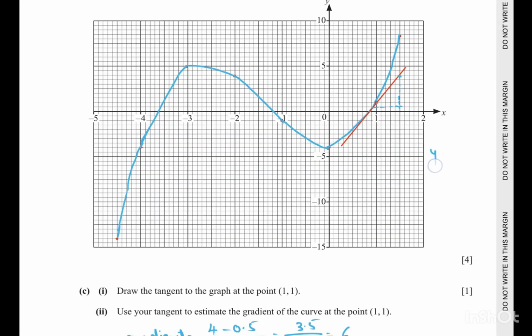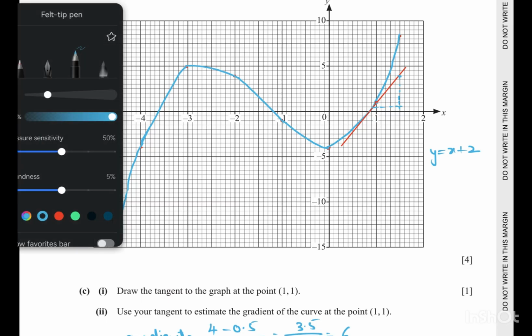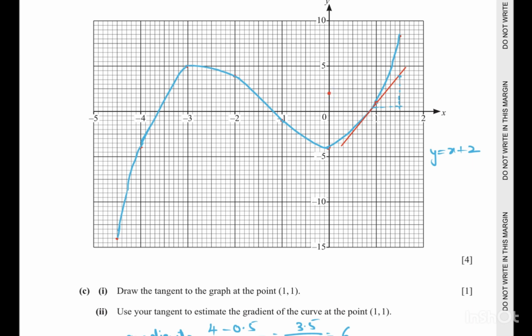So now y is equal to x plus 2 we need to draw here. The y-intercept is 2, so let us take 2 on the y-intercept. Let me take red color here. This is the y-intercept, and the gradient is 1 by 1, so one box above and one box right.